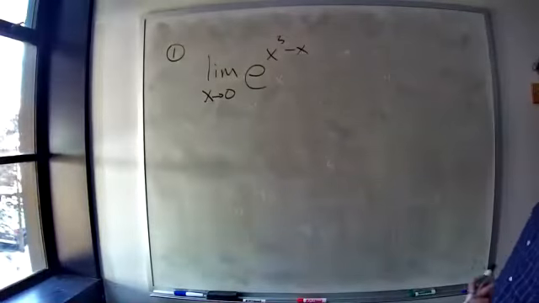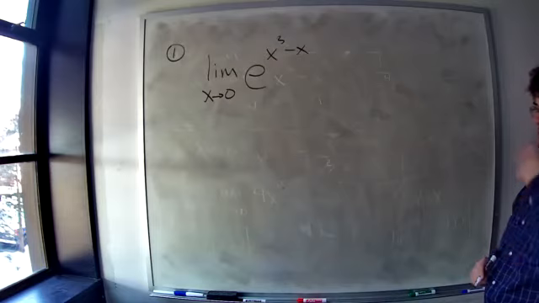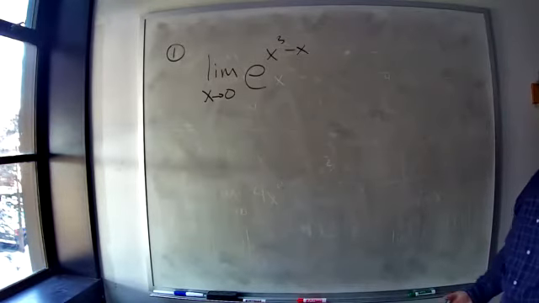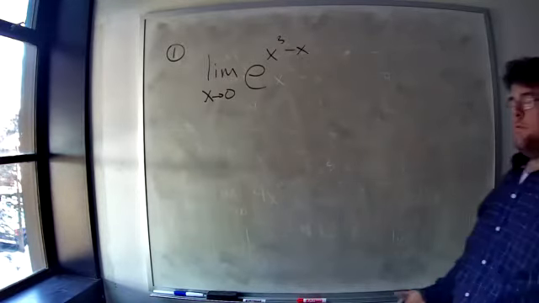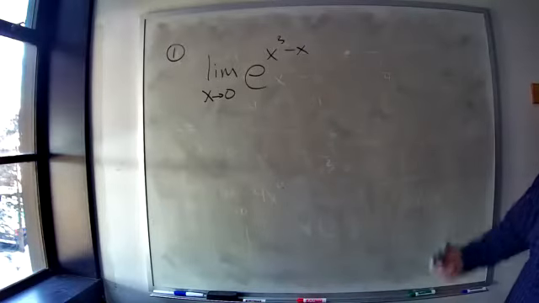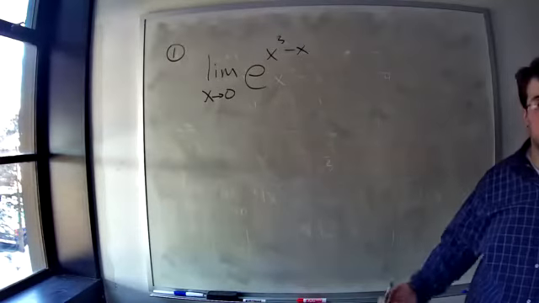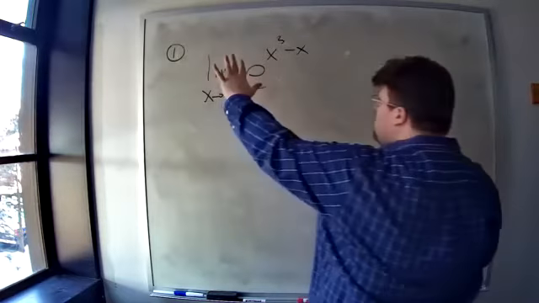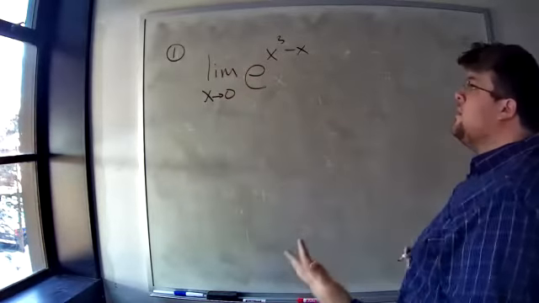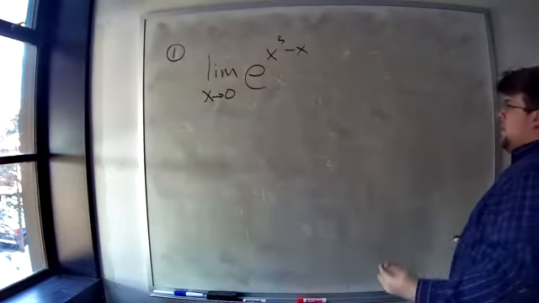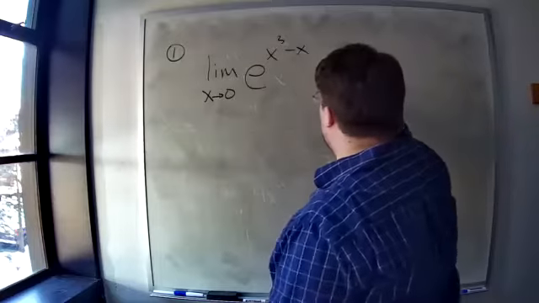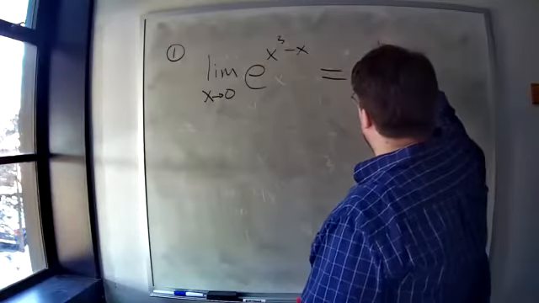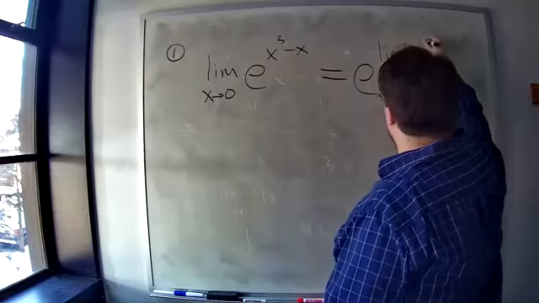Well, at the end of lecture 3.2 in week 3, we discussed a theorem which covers limits of the composition of functions where the outside function is continuous, meaning here, e to the x itself is a continuous function. And because it is continuous, we can compute this limit by doing this.